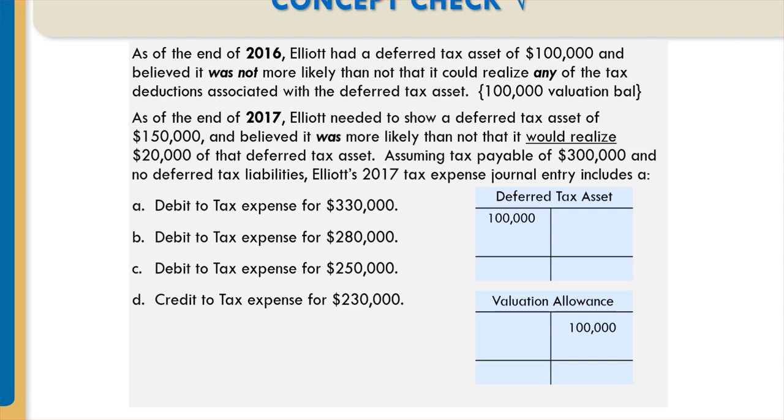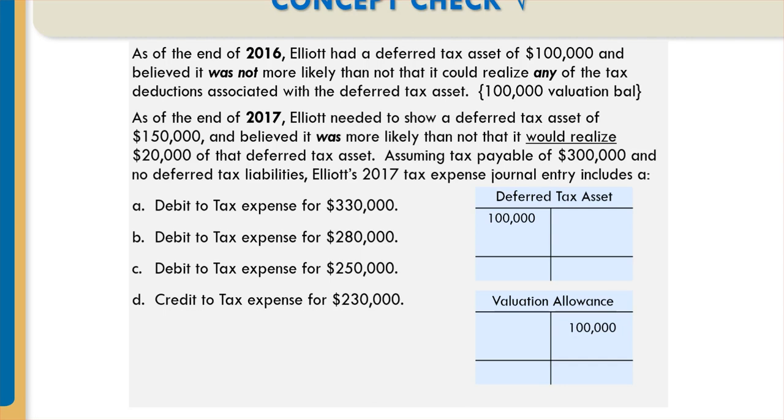So they're starting this particular year with a statement that says, we put a deferred tax asset on our books, and we believe more likely than not that we won't be able to get any benefit out of that deferred tax asset. So again, it is more likely than not that this deferred tax asset has a value of 0, and it's on our books at 100.